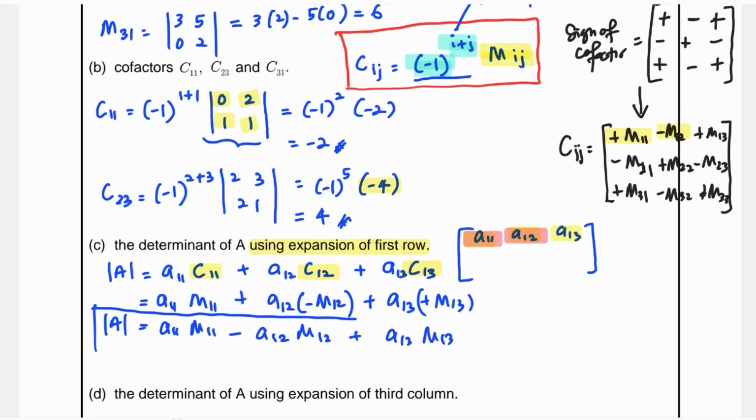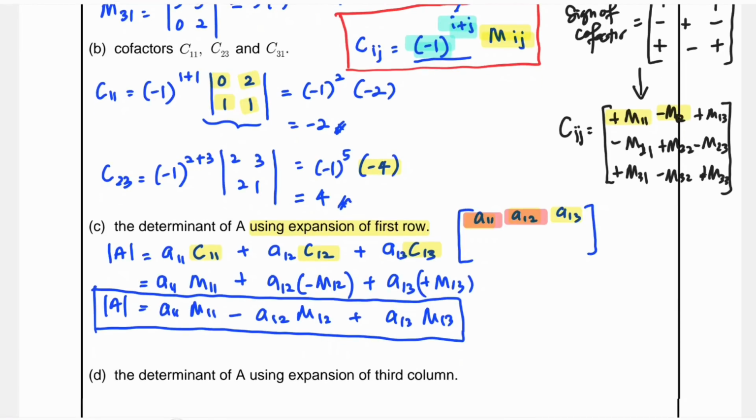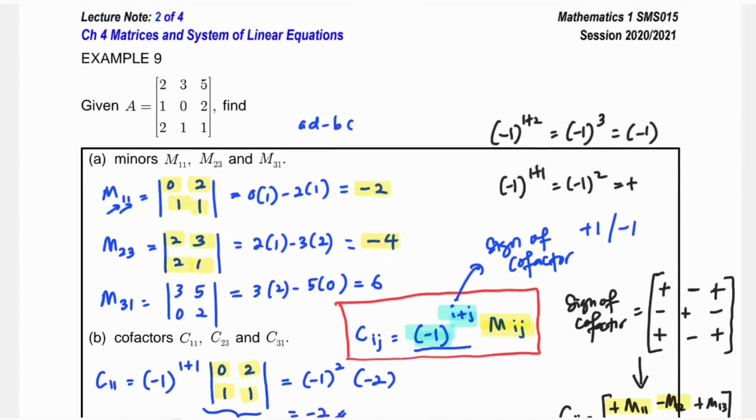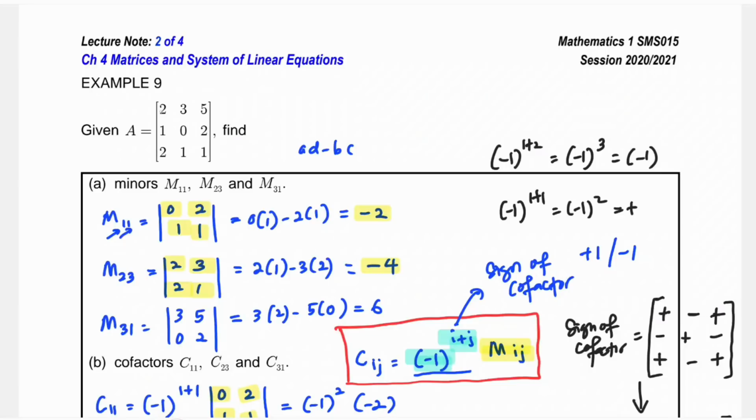This is the conclusion for finding the determinant of A, but we haven't finished yet. We haven't calculated; it's just the expansion of the formula. So how do we calculate it? The determinant of A is equal to A11, the first entry. A11 is 2.